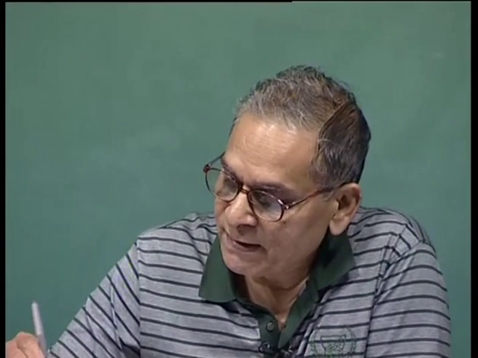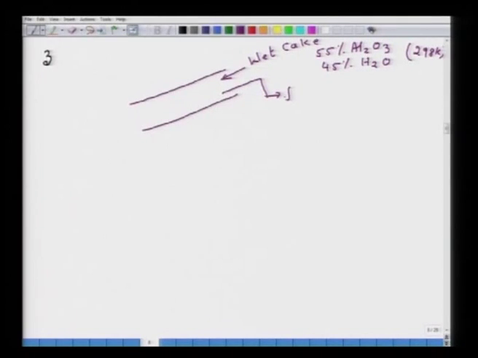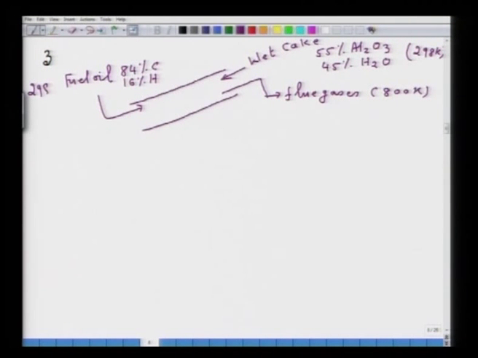Now, the flue gases, they leave at 800 Kelvin. Now, here fuel oil is supplied for combustion. So, fuel oil which contains 84% carbon and 16% hydrogen is supplied at 298 Kelvin.